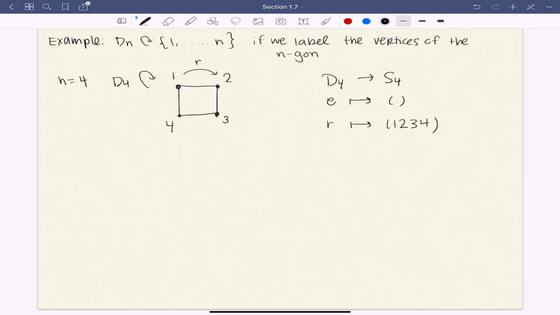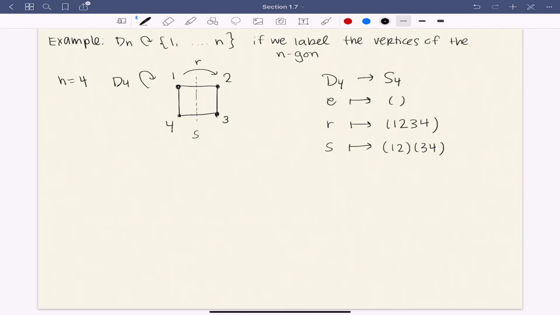Our other element of D4 that we like is s. So I pick any reflection, sorry, to be s. So let's pick this one. I pick s to be the one that sends 1 to 2, and 2 back to 1, and then 3 to 4, and 4 back to 3.